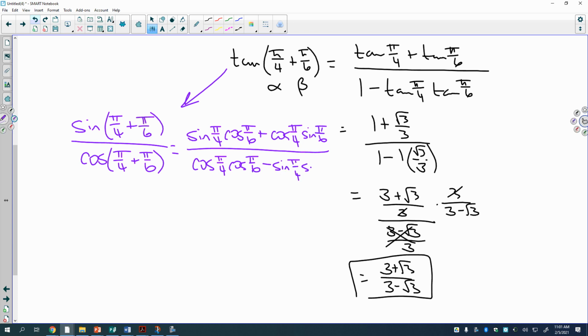So I just put all of that in there. I'm just getting those with the sine formula on the top and the cosine formula on the bottom. And I work through it.